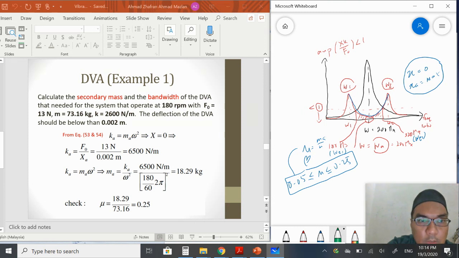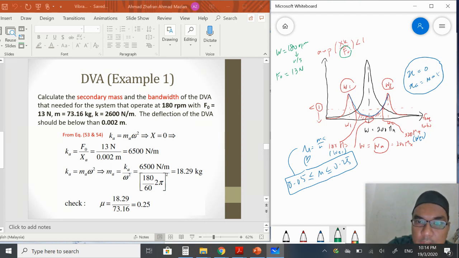So we have this value: omega equal to 180 RPM. This is RPM, you must convert to radian per second. And then F naught equal to 30 Newton, the amplitude of the excitation force.